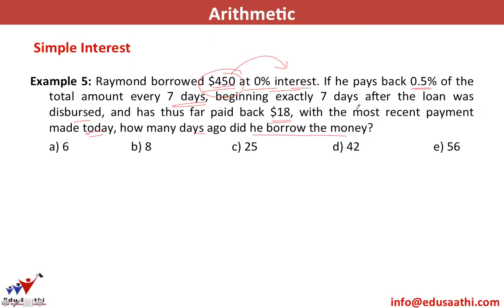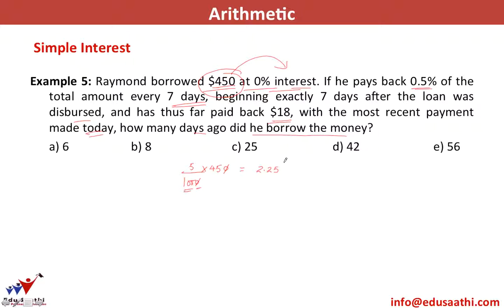So if I just calculate 0.5% of 450, this 100 is for percent, this is for 0.5 of 450. So if I just calculate this out, it is coming out to be 2.25.